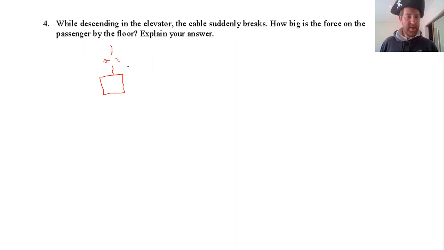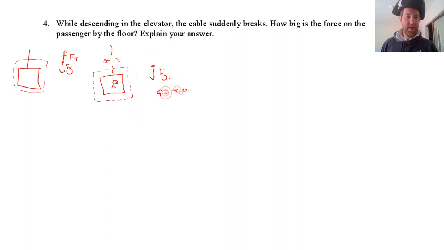If we look at the system of the whole elevator, it used to have a tension force and a force of gravity, depending on if it was accelerating or not, but it had this tension force from the rope. It no longer has that tension force. So now the whole elevator only has that, so it's in free fall. Its acceleration is going to be 9.8 meters per second squared, and it's just going to fall.